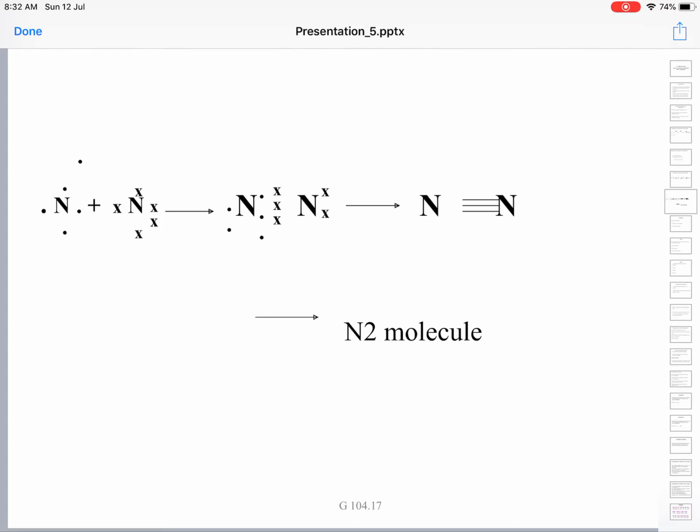Due to the presence of the triple bond in the nitrogen molecule, it is very difficult to break this bond and make nitrogen atoms available. So, even though so much nitrogen is available in the air, we have to supply nitrogenous fertilizers to the plants.